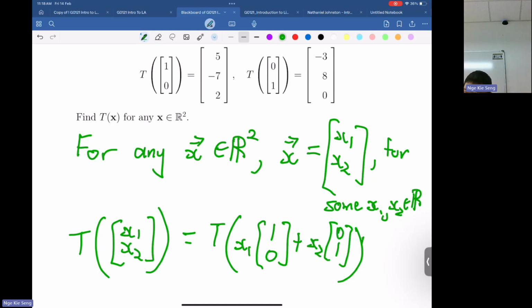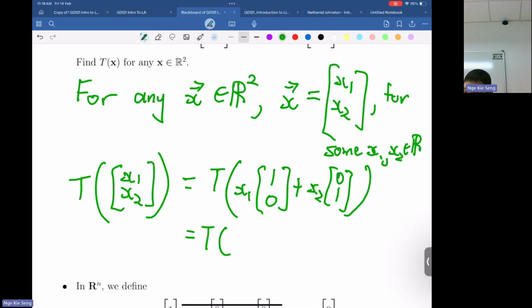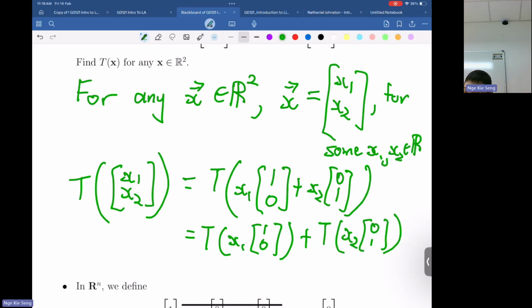Remember what we said about linear transformations just now? When T acts on a sum, we can split the sum out. T respects vector addition. And when T acts on a scalar multiple, you can bring the scalar out.